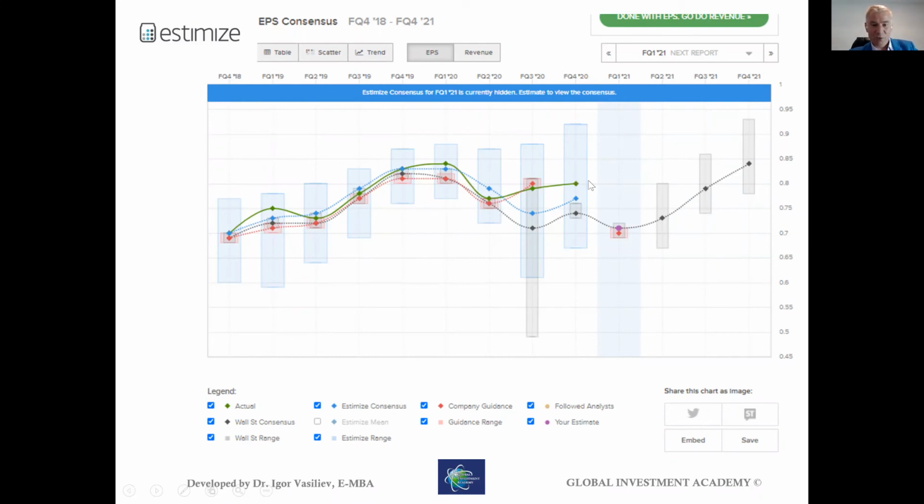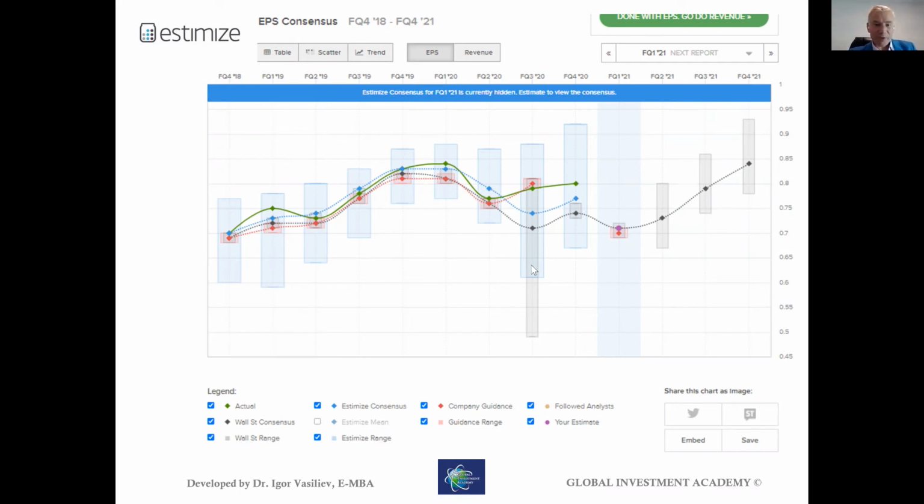And this last quarter, they reported higher than expected earnings, but still the price dropped a lot because for the future, they said they're going to have less revenue than they expected. This was what affected the price.